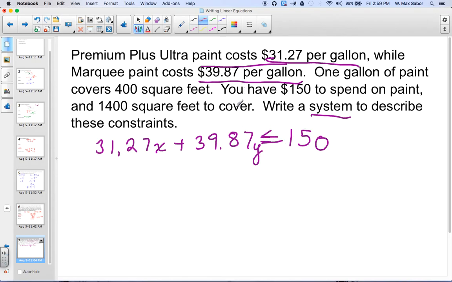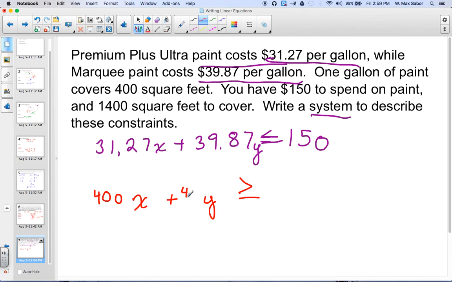And the other thing that we know is 1 gallon of paint covers 400 square feet, and either of these count. So how many gallons does 1 gallon of Plus Ultra? Well, 1. That's the rate. And the rate for the second one? Well, it's also 1. So we know that x plus y, the total amount of paint, has to be at least, oh, wait, no. The rates aren't that.